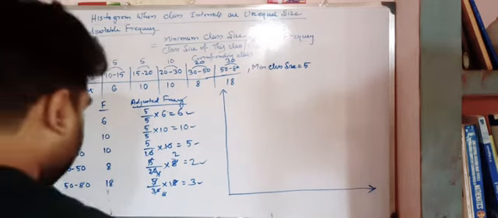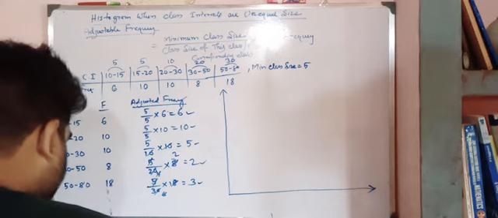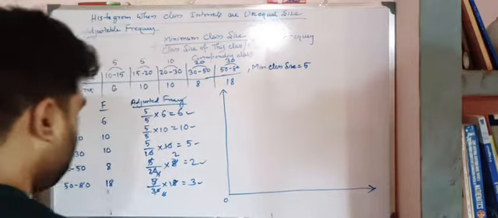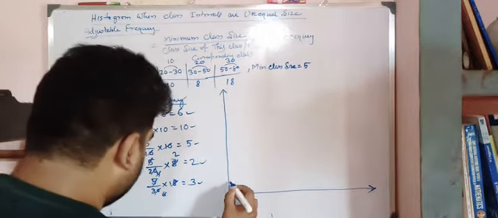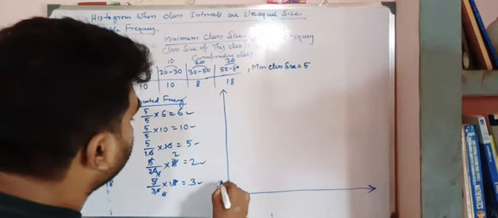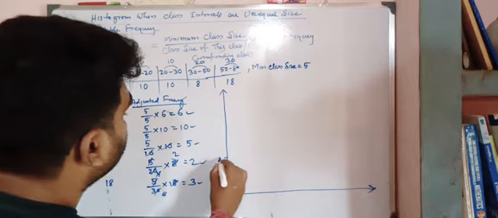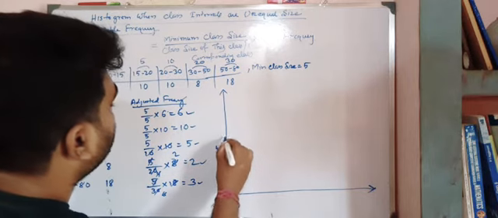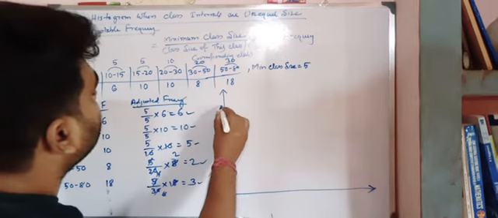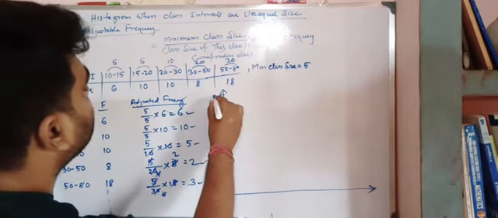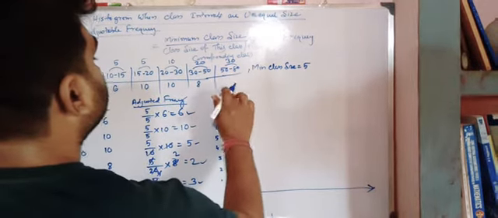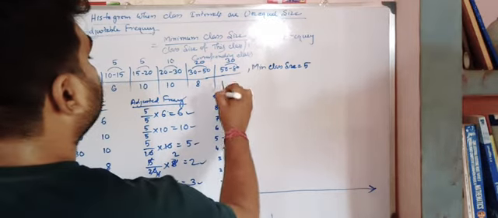Now here we are taking 10 to 15. Suppose this is 0. We are representing the highest as 10, so this is 1, 2, 3, 4, 5, 6, 7, 8, 9, and next this is 10.